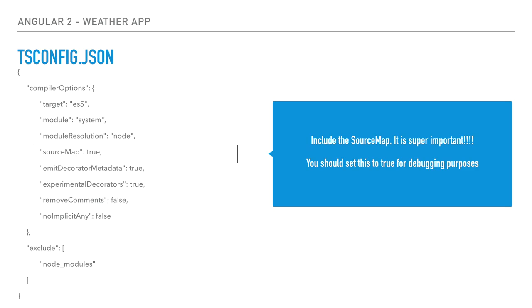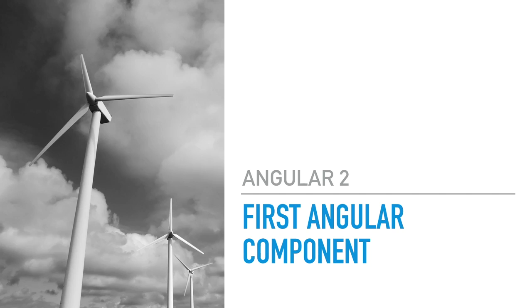Hopefully, with this property set to true, the browsers will be smart enough to refer from the final JavaScript file to the TypeScript original code that we wrote. So we can debug in TypeScript even if the real code is executed in JavaScript ES5. Okay, so don't forget this property, it's super important.